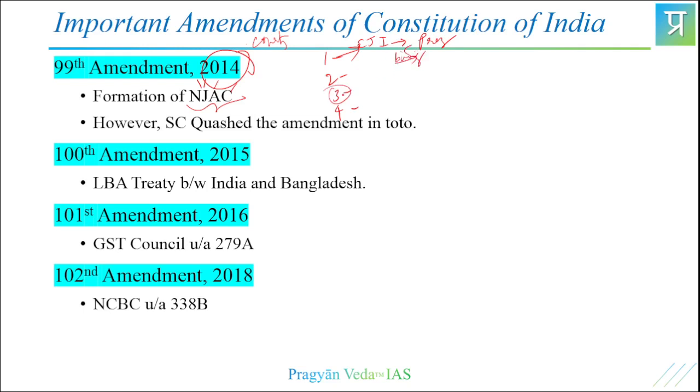And during the third judges case, regarding the transferring of the judges, a collegium system was formed as a body. If you remember, then the NJAC Act came, and the NJAC body was formed, a separate body to appoint and transfer the judges.